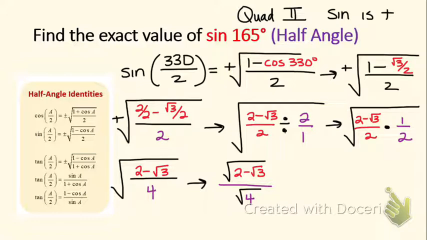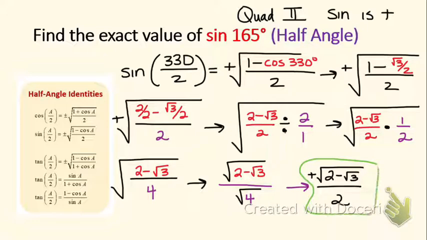The top part cannot be simplified, so we're going to leave that alone. And fortunately for us, the denominator can be, and we don't have to do any more steps. So this would be my final answer, and it's positive because we said we're in quadrant 2, and that would be it.